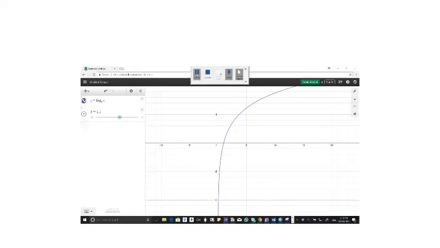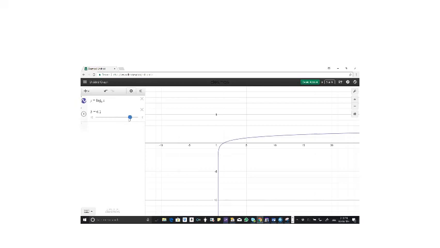Here we have log base b of x graphed. And here we're saying that b is equal to 1.3. But what if we increase the value of b? What exactly is happening to the graph? If we notice, the graph is actually getting flatter and flatter. But there's still a vertical asymptote where x is 0.